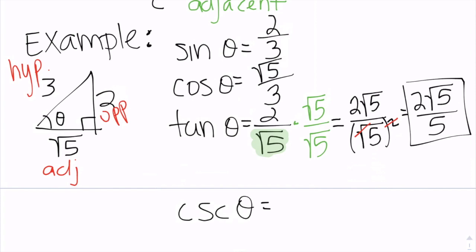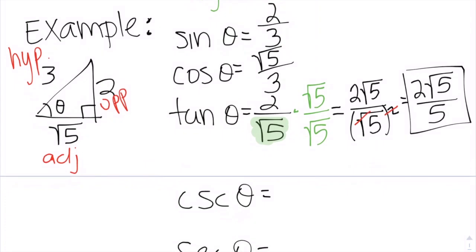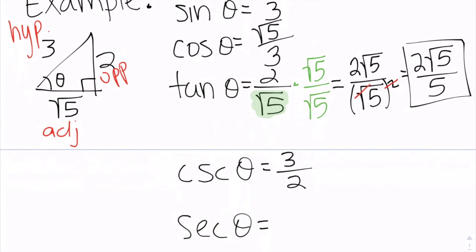Now if we keep going to our reciprocal functions, we have cosecant of theta. Cosecant of theta is the reciprocal of sine. And so we're going to take the 2/3 that is sine and do the reciprocal of that. So it's going to be 3/2. Secant is the reciprocal of cosine, so we're going to take the square root of 5 over 3 of cosine and do the reciprocal, which gives us 3 over the square root of 5.